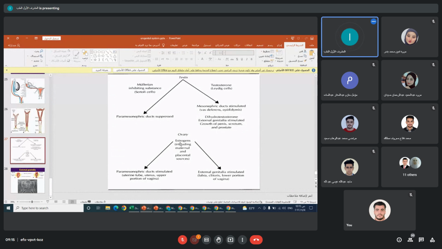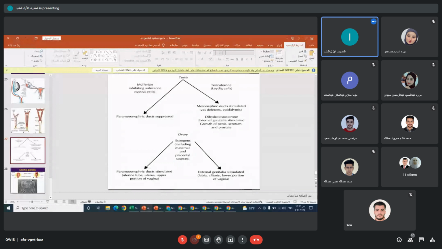While with the ovary, there is estrogen, including maternal estrogen from the mother and also from the placenta. The paramesonephric duct is stimulated and will form the uterine tube, that is the fallopian tube, and the uterus and upper 4/5 of the vagina. While the external genitalia, when stimulated by estrogen, form the labia, clitoris, and lower portion of the vagina. And as I said, the lower portion of the vagina is formed by the urogenital sinus.